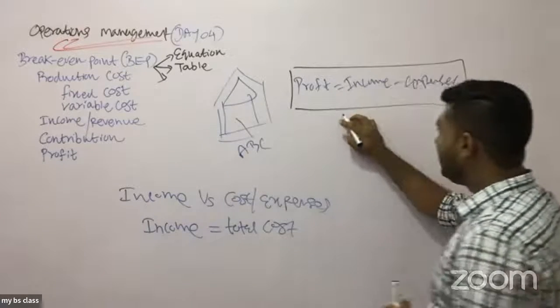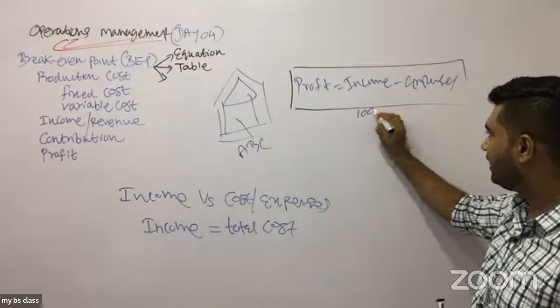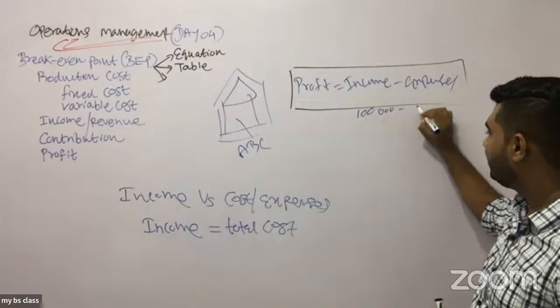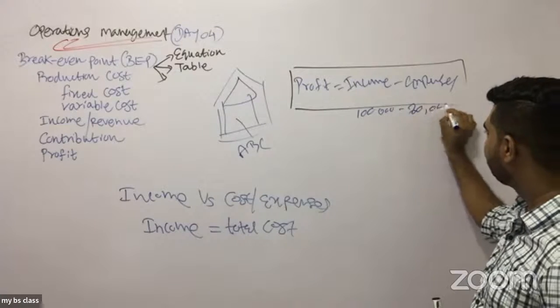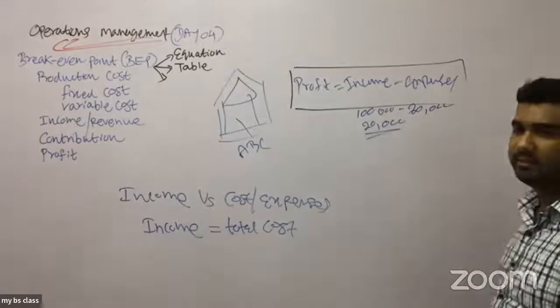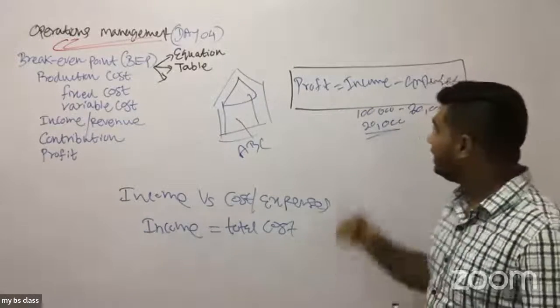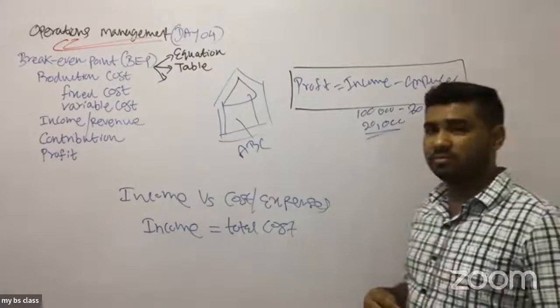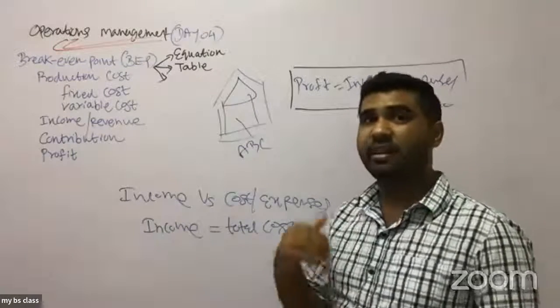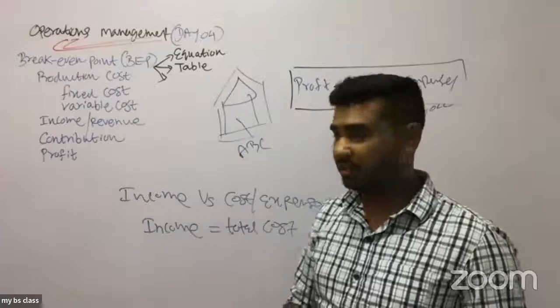They have an income, let's say 100,000, and expenses of 80,000, so you get a 20,000 profit. Maybe at the same time, their income is 100,000 and their total expenses are 120,000 or more than that, where they'll end up with a loss.